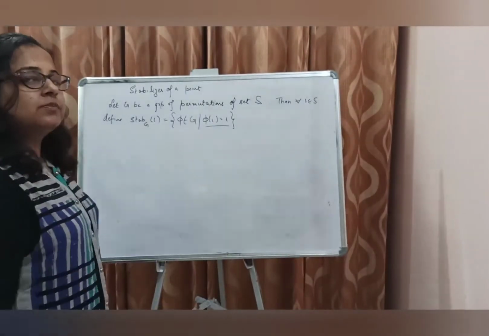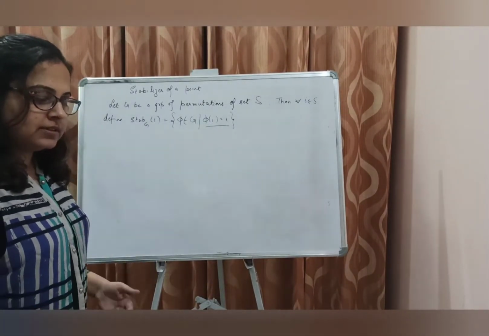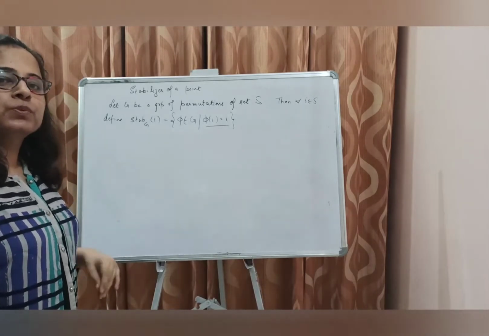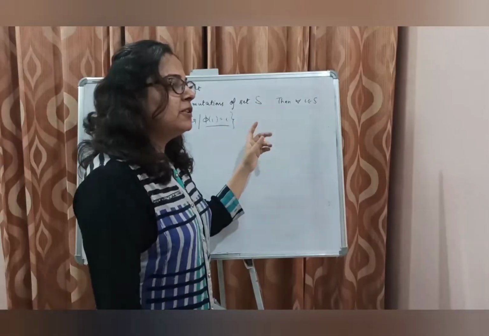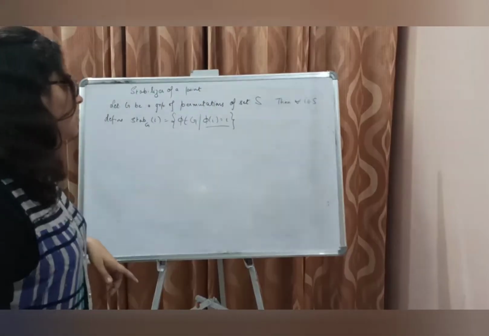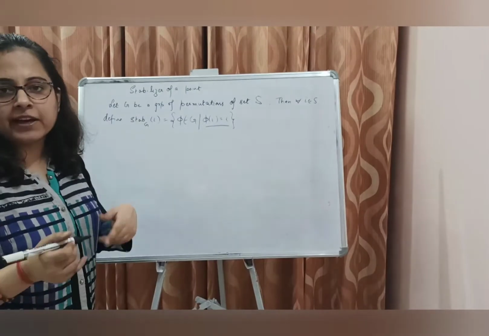It means that this permutation fixes I. So it is a collection of all permutations that fix the element I. When we learned permutation groups, we learned that when we write a cycle, if an element is not present in that cycle, that means the cycle fixes that element. So another term for this statement is that phi fixes I.